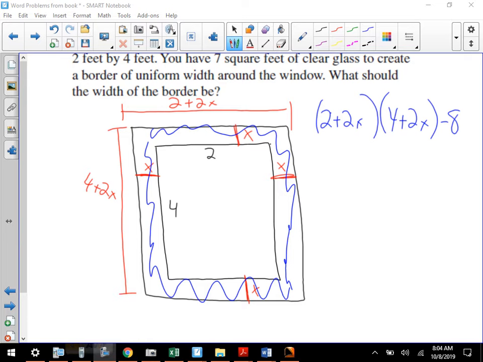So now, what does this have to equal? It has to equal 7, because how many total square feet did you have for the border? It's 7.